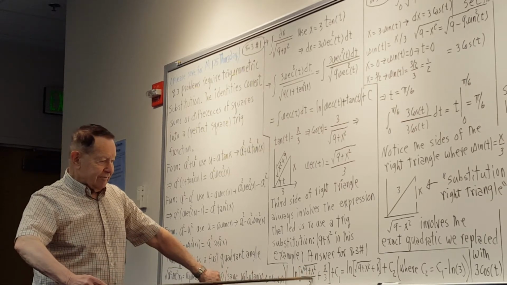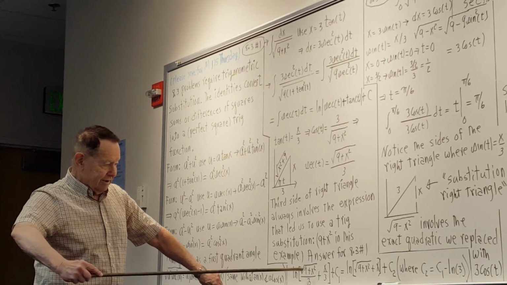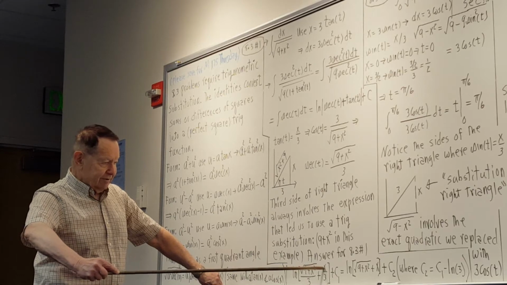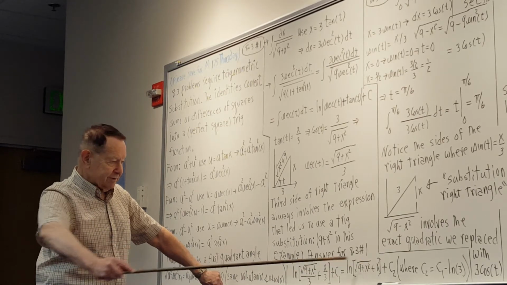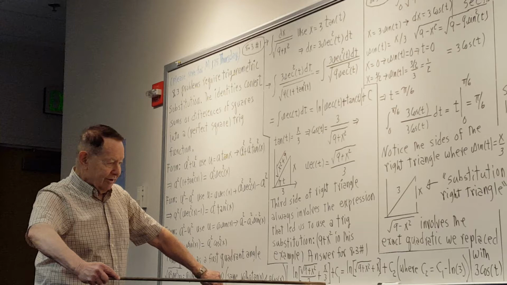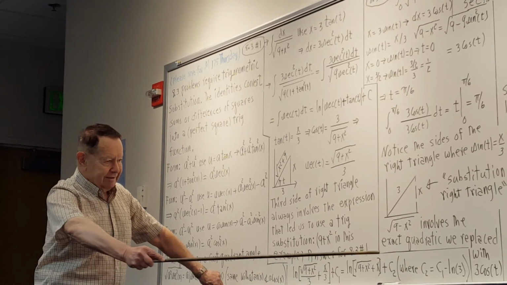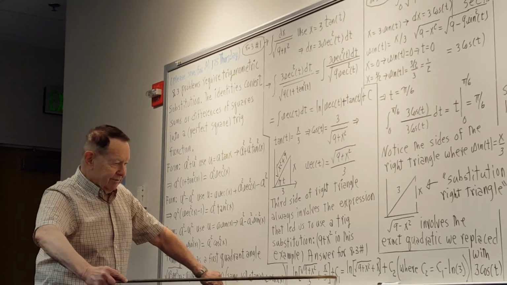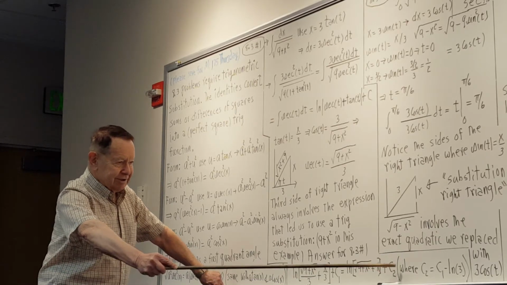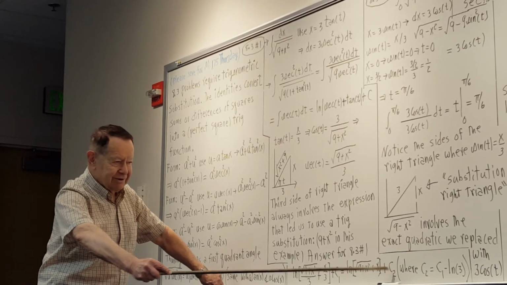So you could have rewritten this as log of the sum of the two numerator terms minus log 3 plus constant C1, and then constant C1 minus log 3 is just another constant you could call C2.